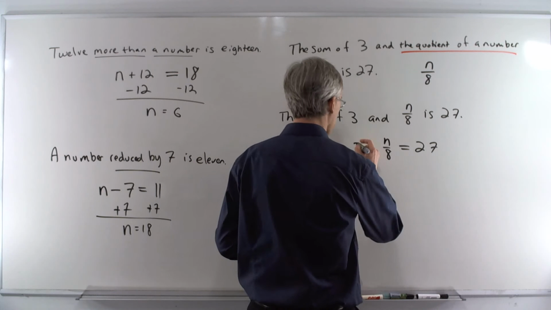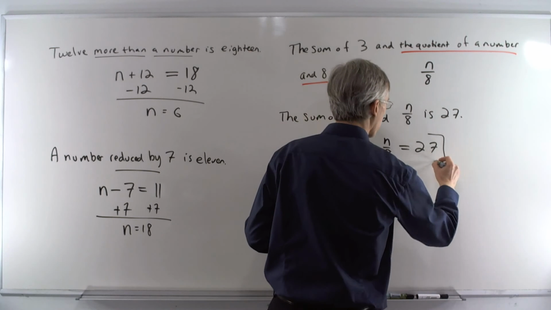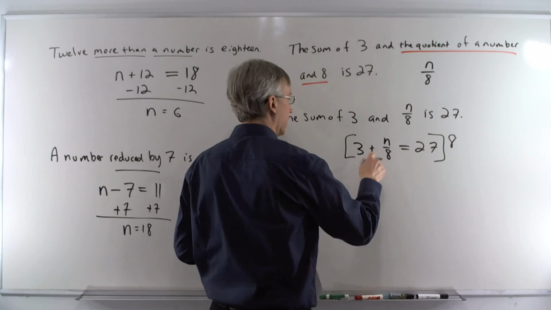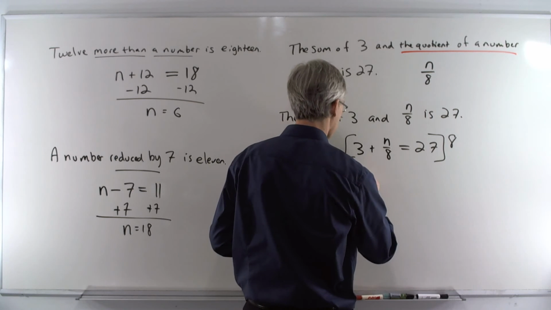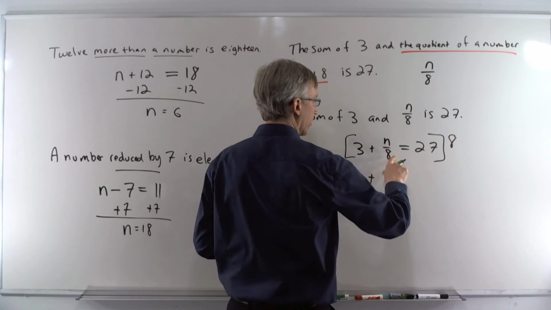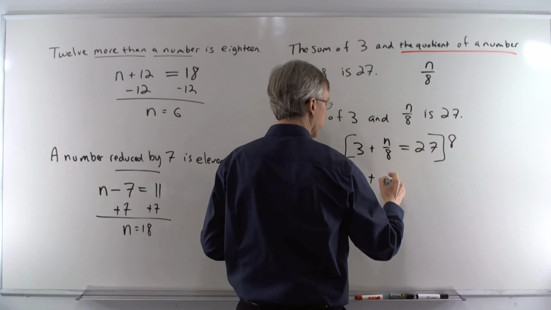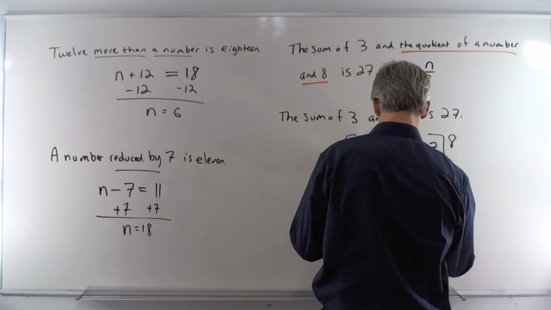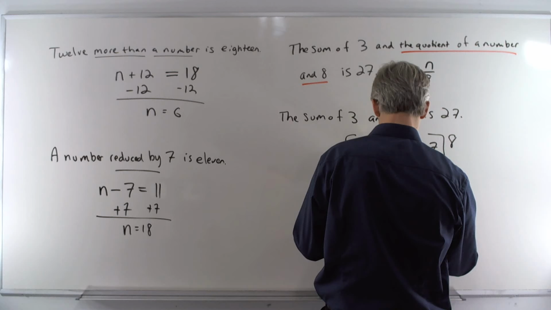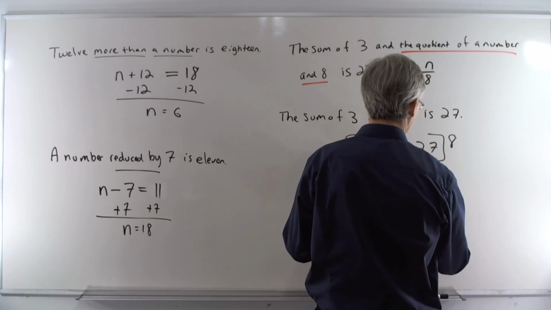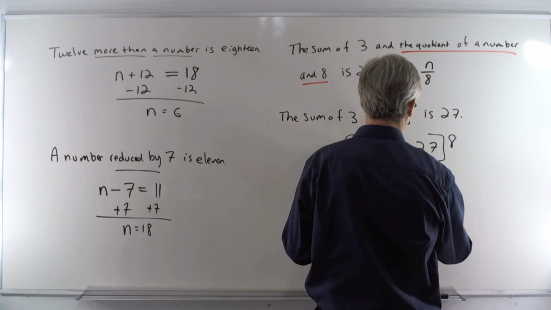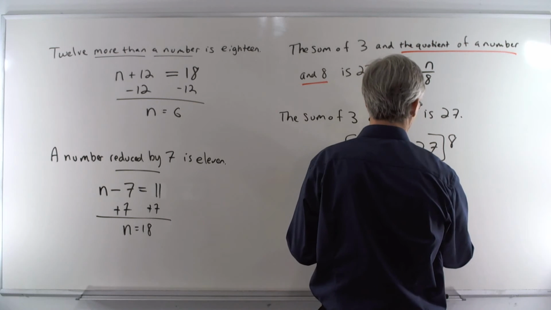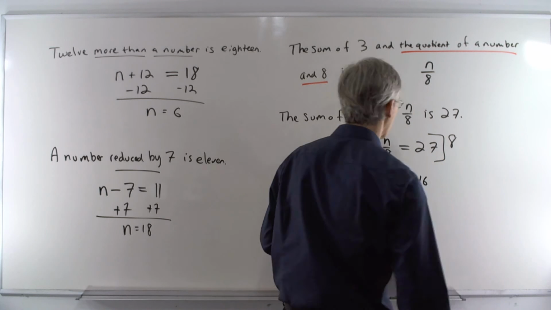So I'm going to get rid of this fraction and multiply the entire equation by 8. 8 times 3, that is 24, plus, with this term, the 8's cancel, leaving just an n, equals 27 times 8, 216.